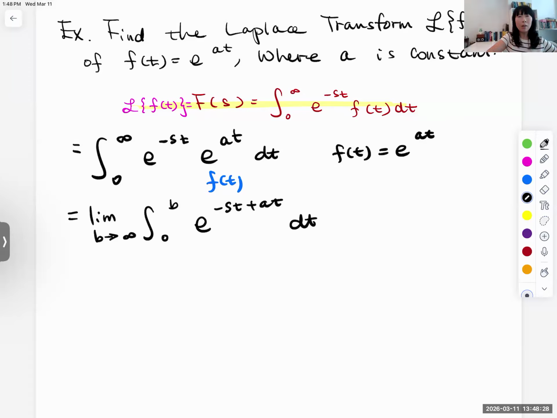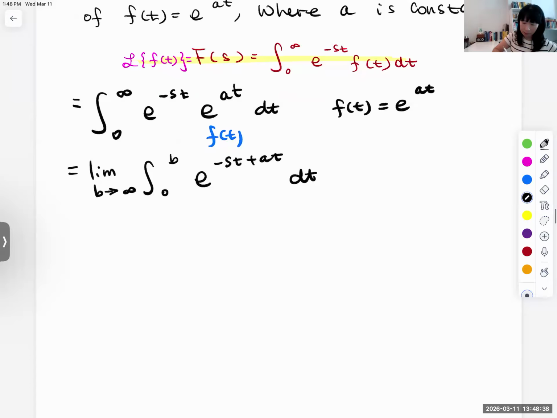Okay, now what do they have in common? They have a common t. I want to factor out the negative t, then let's see. So the limit as b approaches positive infinity of the integral from 0 to b.